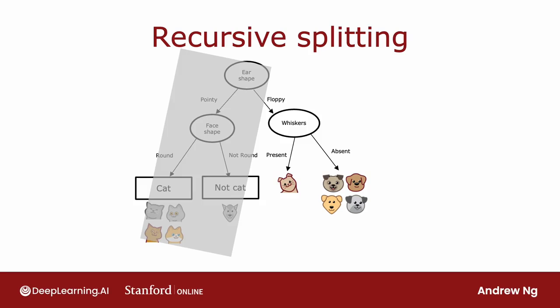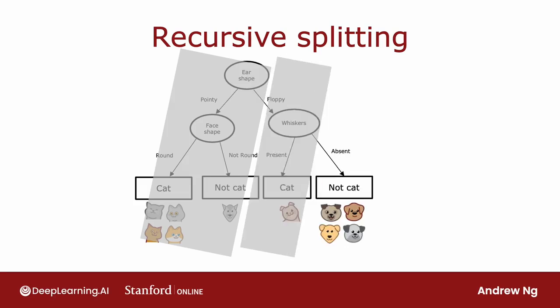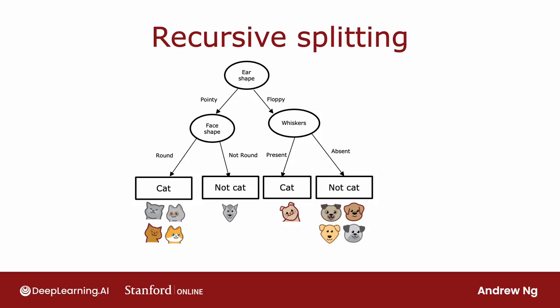Check if the criteria to stop splitting are met in the left and right sub-branches here and decide that they are. And so you end up with leaf nodes that predict cat and not cat. And so this is the overall process for building the decision tree.